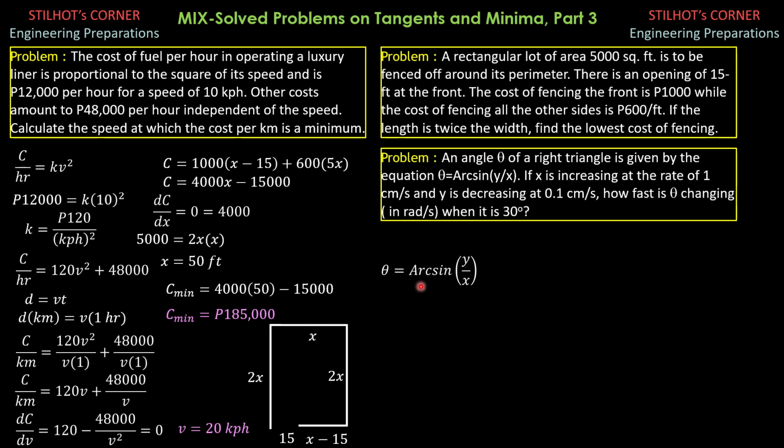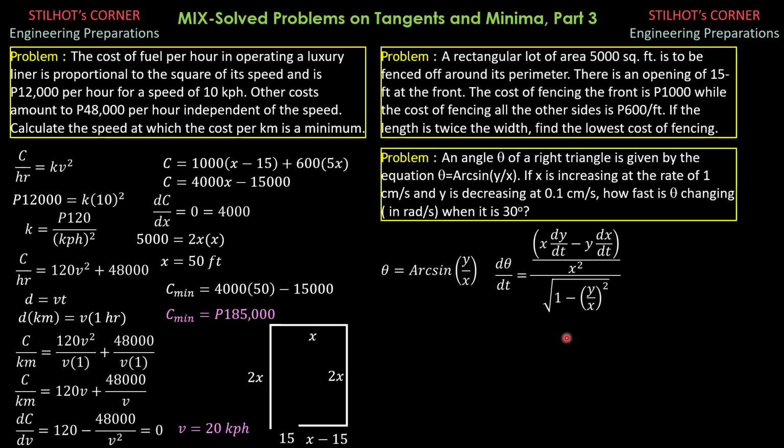So again, d theta dt is equal to the denominator x times the derivative of the numerator dy dt, minus the numerator y times the derivative of the denominator dx dt, divided by the denominator squared, over the square root of 1 minus u squared.